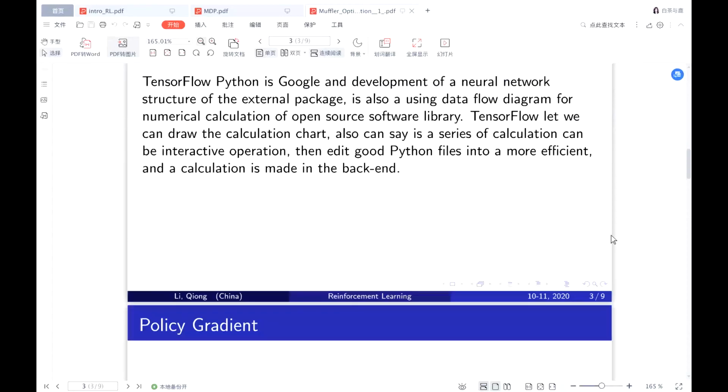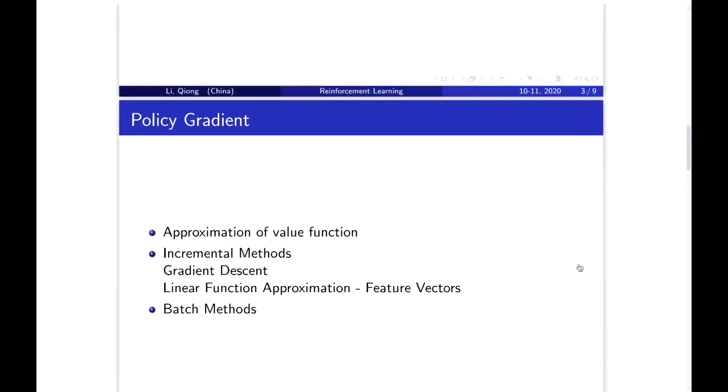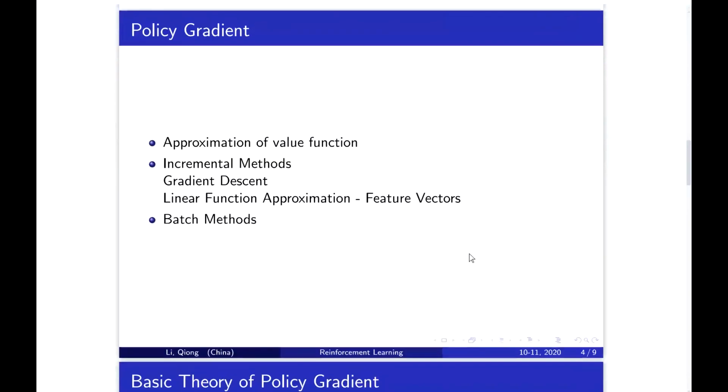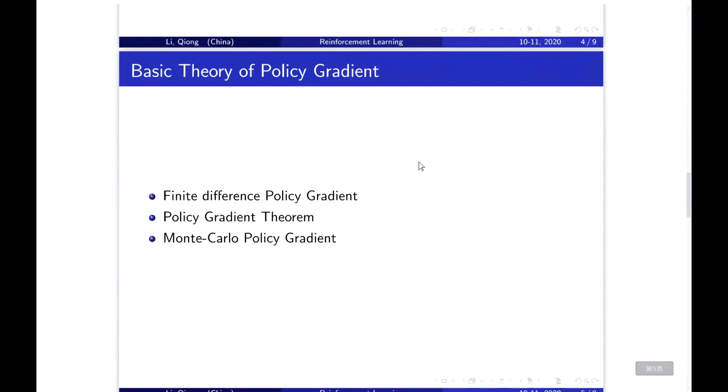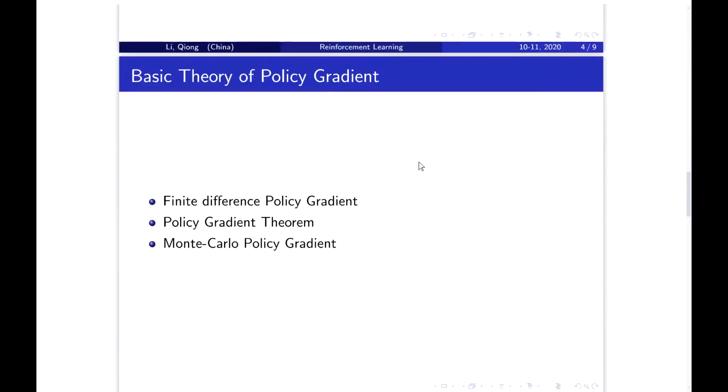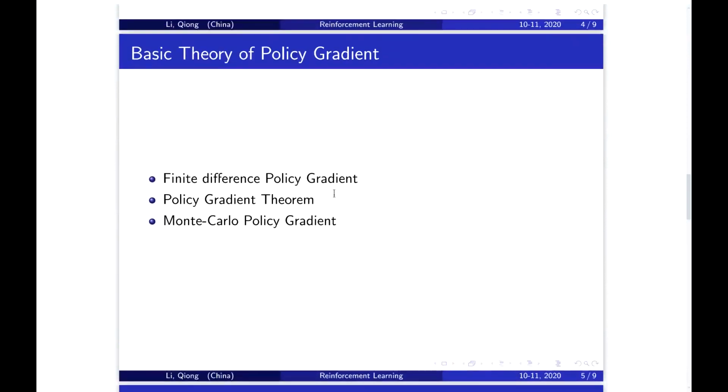I learned some basic knowledge about it, like approximation of value function, incremental methods, gradient descent and linear function approximation, feature vectors, batch methods, and some basic theory of policy gradient: finite difference policy gradient, the policy gradient theorem, and Monte Carlo policy gradient. And that is my understanding about policy gradient.